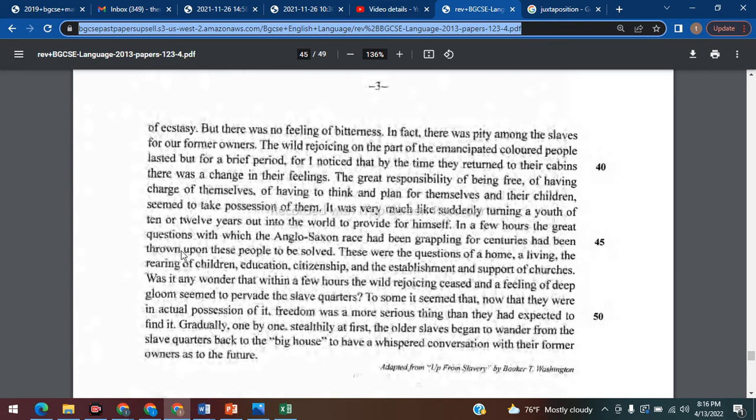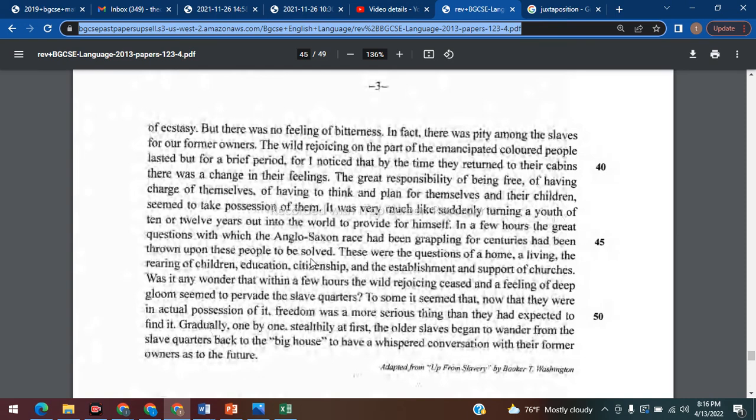You see the words they use? Thrown upon these people. I like that word. It's an exaggerated term, it's actually figurative too. If something is thrown on you, it's like you get pushed, or someone throws something on you and you are not prepared for it, right?